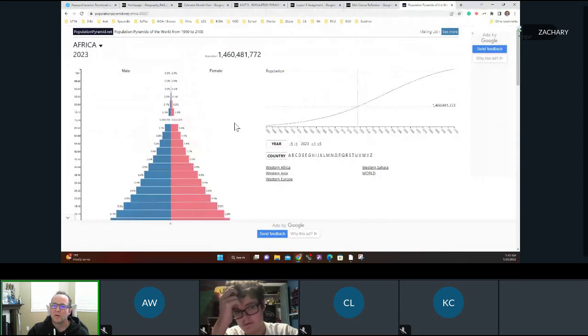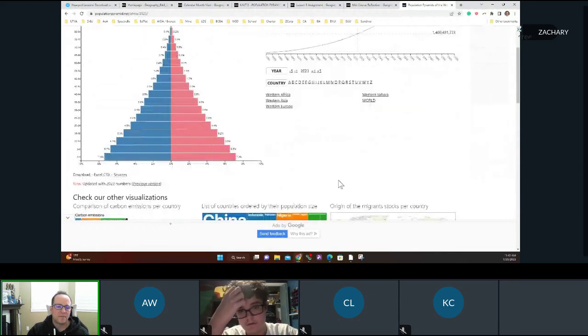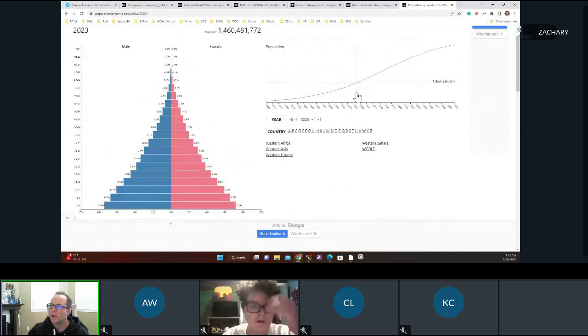If we look at Africa, though, they have a different set, right? They have a whole bunch of kids, and so their population pyramid looks like ours used to, and you can see their population is going to continue to grow over time because of this.